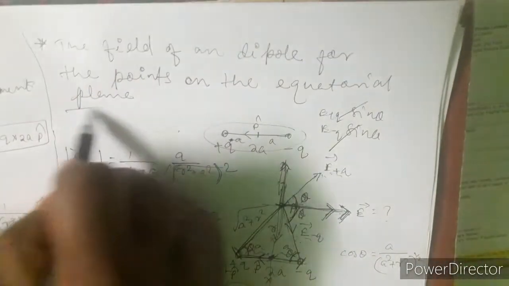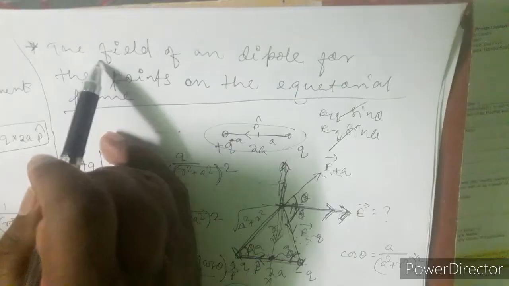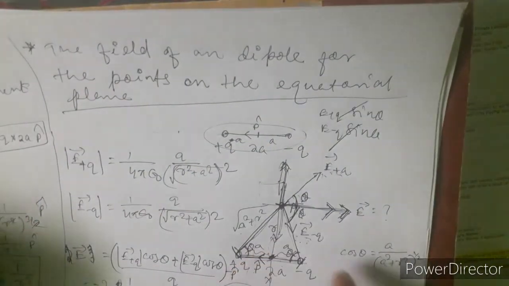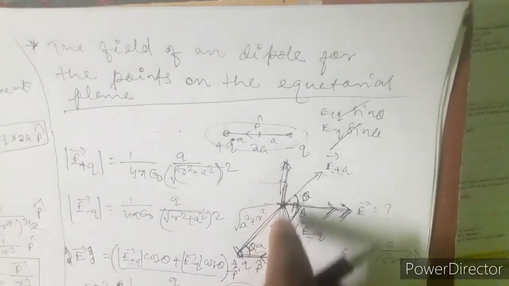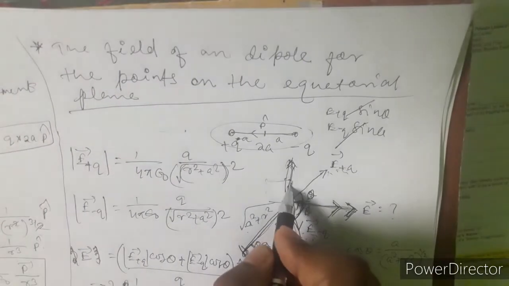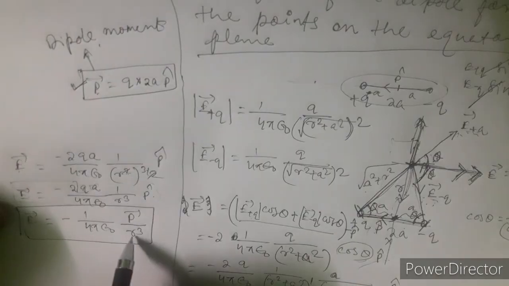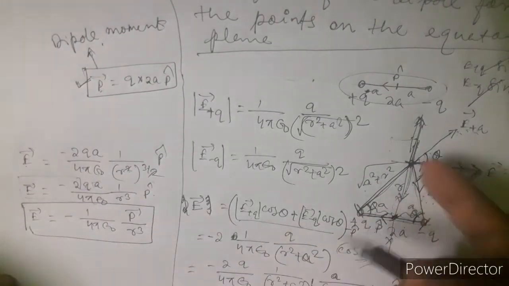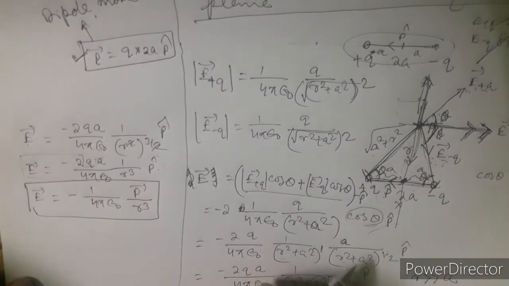This is the field of a dipole for the points on the equatorial plane. You can take any point on the equatorial plane at a different distance r, and the expression will be the same. You can find the electric field at a point on the equatorial plane.